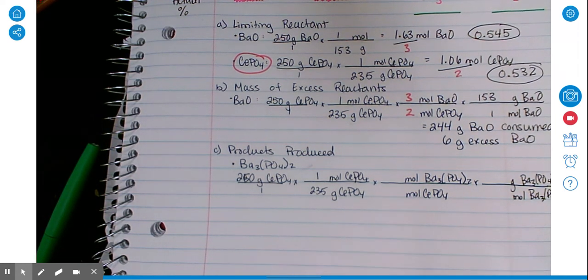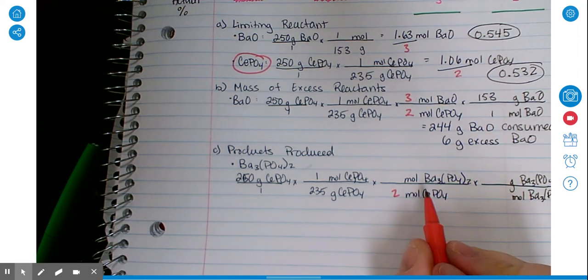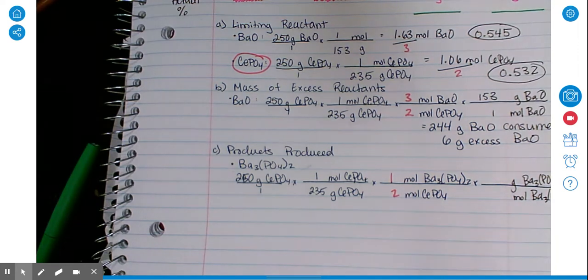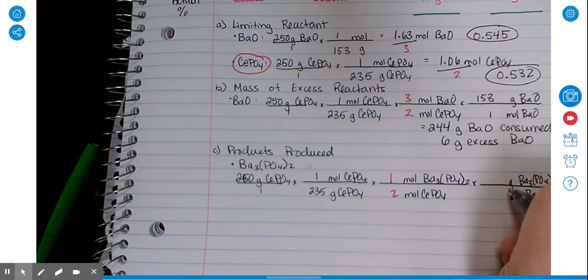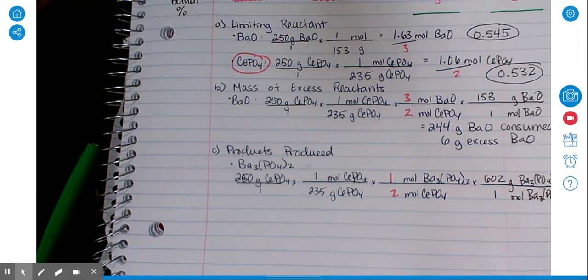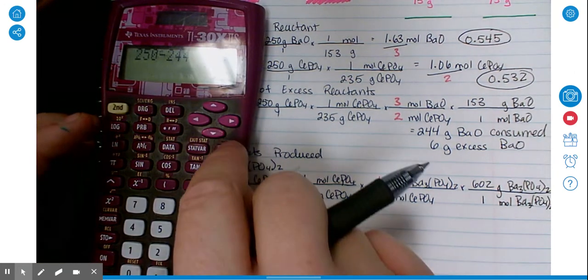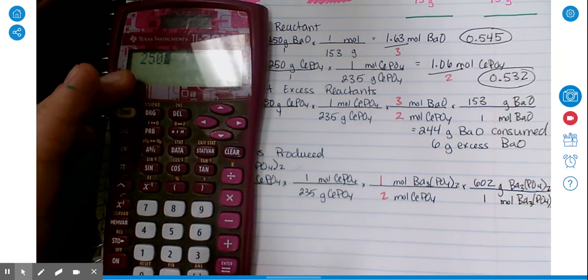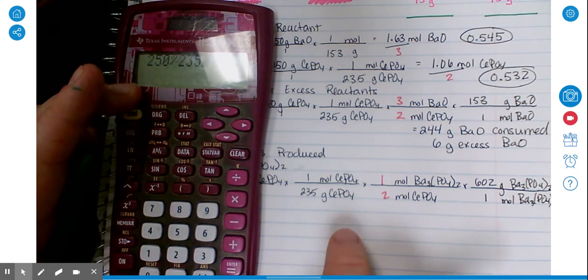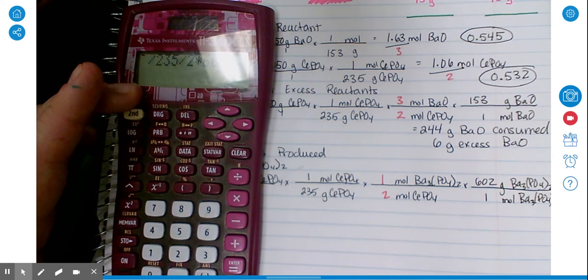Okay, so coefficients: I'm going to use 2 ceriums to make 1 barium, so 1/2. And the molar mass of barium phosphate is 602. Pulling all those numbers from our table. Go ahead, we can type that into a calculator: 250 divide 235 divide 2 times 602.